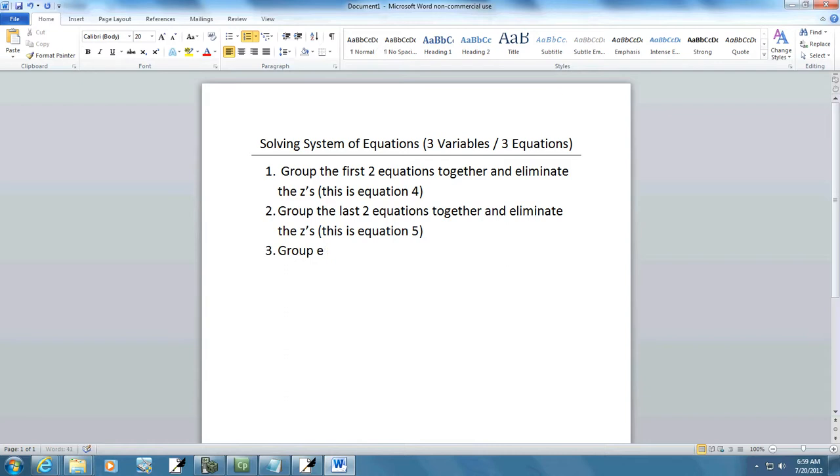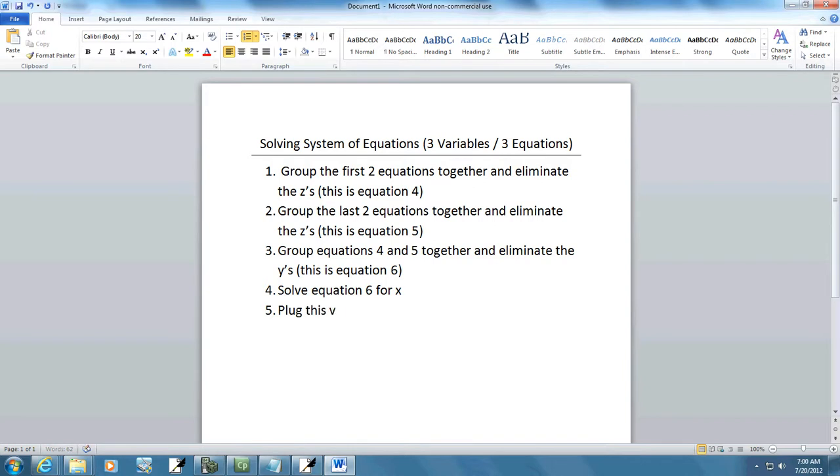Okay, step 3: group equations 4 and 5 together and eliminate the y's. This is equation 6. Step 4: solve equation 6 for x.